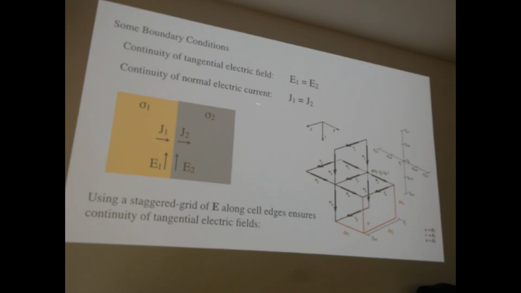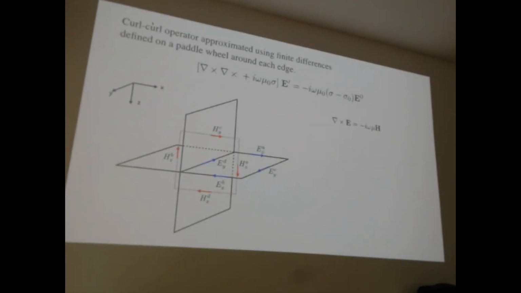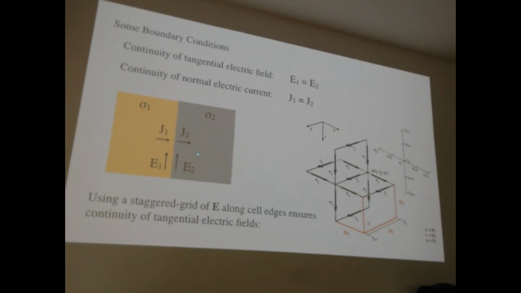And then there are other tricks to compute the fields. You've got boundary conditions that you have to worry about. So the normal currents have to be continuous, and the parallel, the tangential electric fields have to be continuous. And the trick here is this staggered grid in the finite difference method, where you compute the magnetic and electric fields on the edges of these paddle wheels.